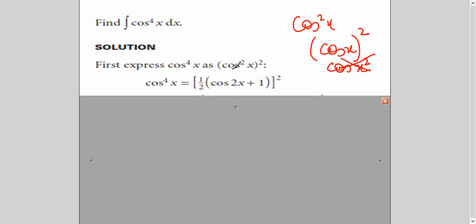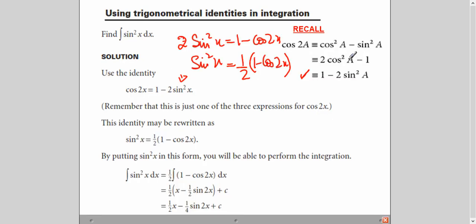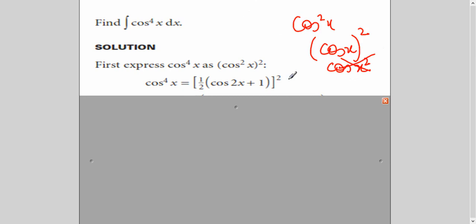Now we have just seen in the previous question how to make cos square x or sine square x the subject, using this identity. So now we are making cos square the subject.